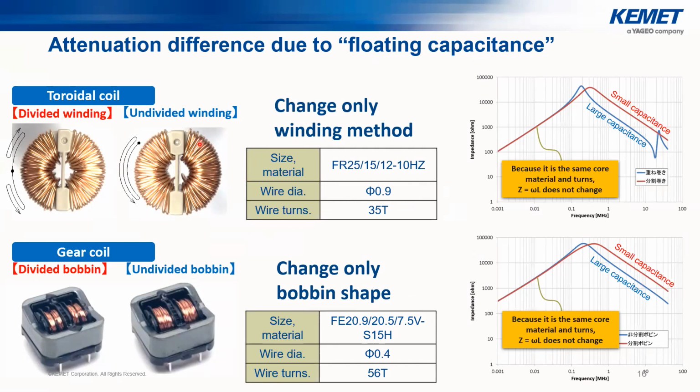So if somehow you can reduce this big lump of stray capacitance, and instead of one big capacitor you have two capacitors in series, you have a better high frequency response. This is basically what we do with our split windings and divided windings: with the use of the same core material, you can further enhance your high frequency response using such unique features of construction.